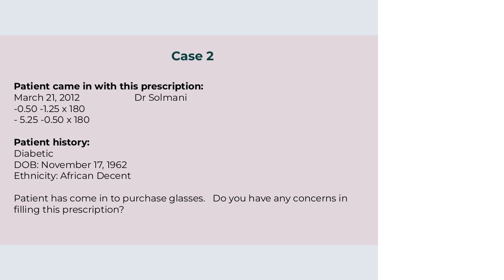So we're going back to the whole point that this prescription is now 10 years old. Somebody pointed out the fact that this person is diabetic, so they're prone to prescription changes. What concern do we also have for this patient's vision? Amblyopia, yes, amblyopia.